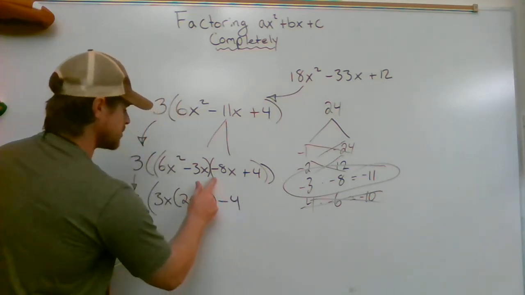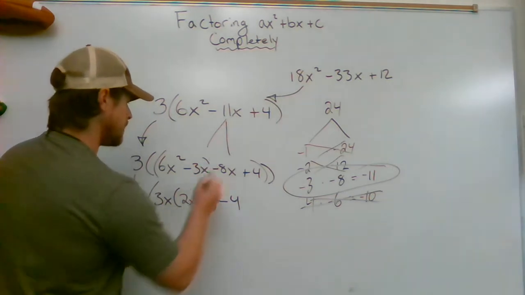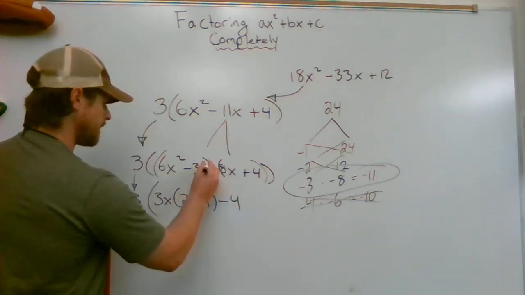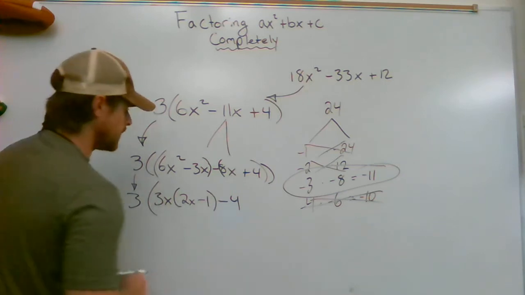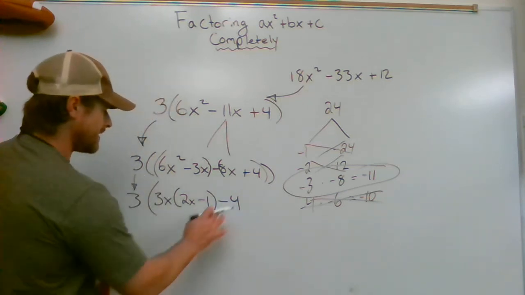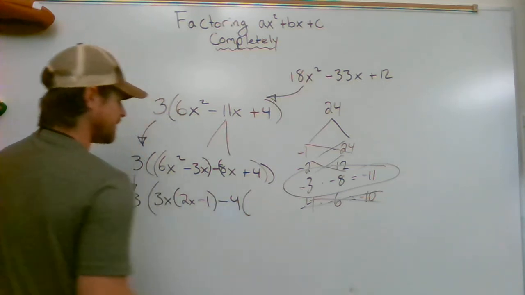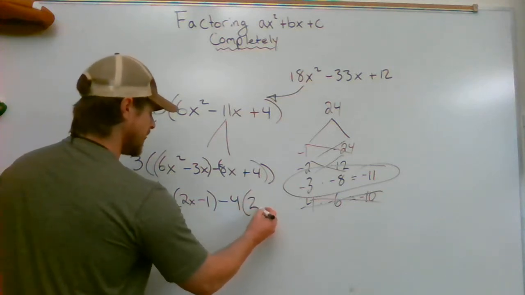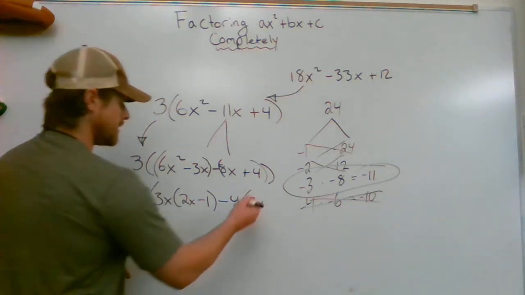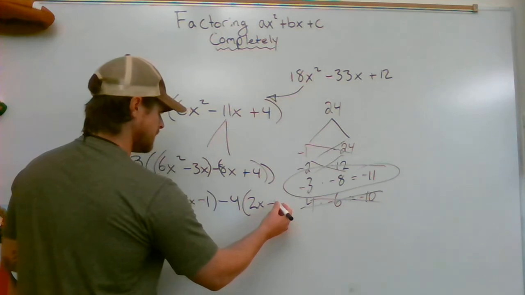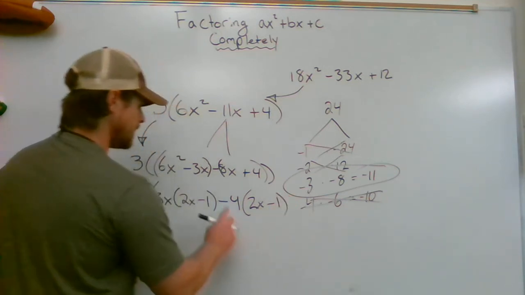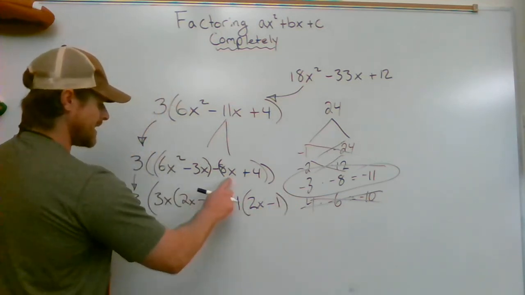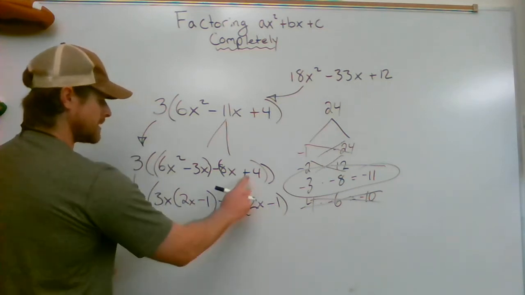This parenthesis here should have gone right there. Okay. Thank you for hanging out with me. Negative 4 is my GCF times a 2x and a negative 1. Negative 4 times 2x makes 8x. Negative 4 times negative 1 makes positive 4.